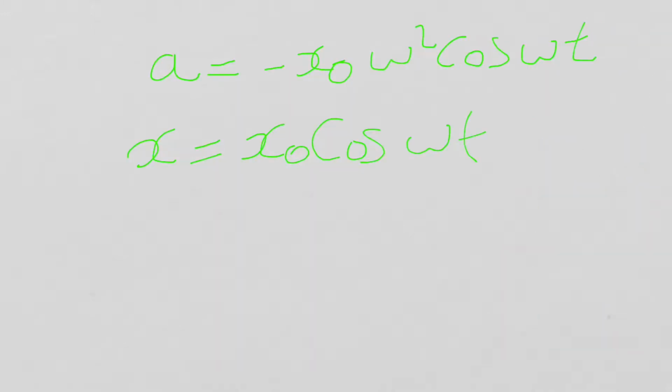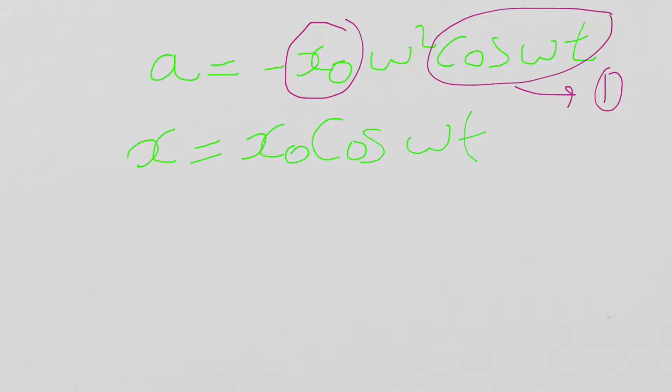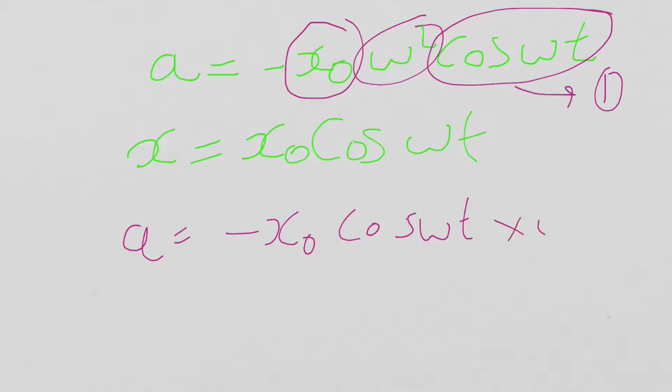So in the equation number 1, that is the acceleration equation, we will bring x0 and cos omega t together. So now we will write acceleration equals minus x0 cos omega t, and this omega square we will write separately into omega square.